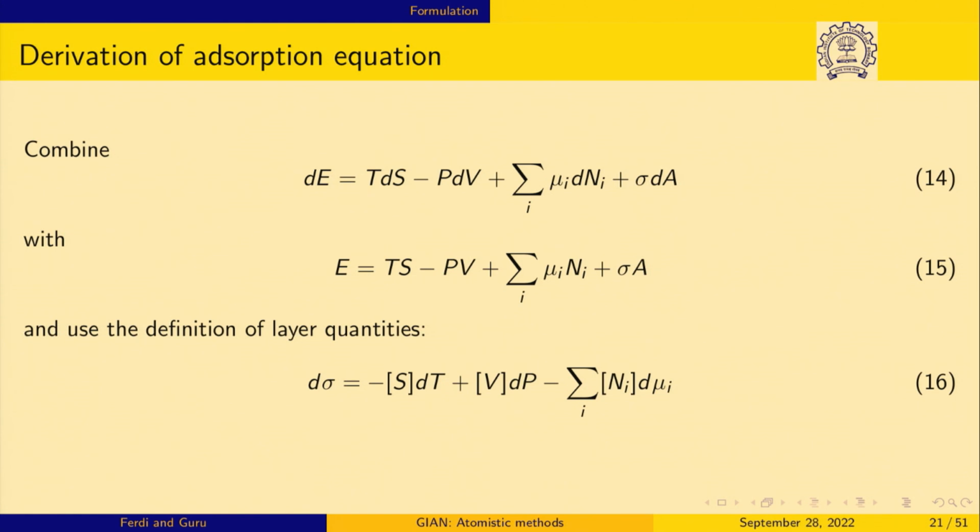So, now you can go back, and this is also a common trick most of you would have done in thermodynamics. You have this E expression, you have the dE expression, and you can combine and get what is known as the Gibbs-Duhem, which you have probably derived.